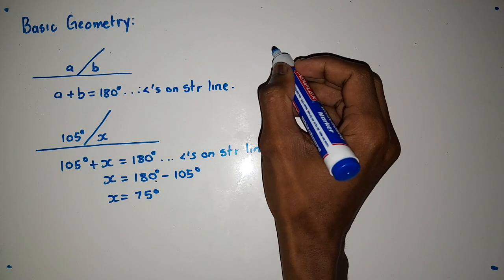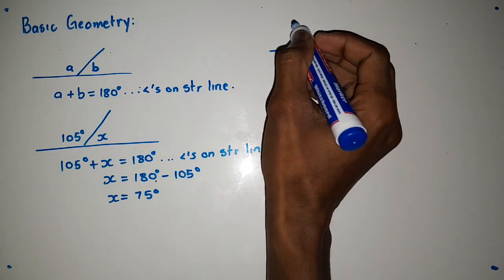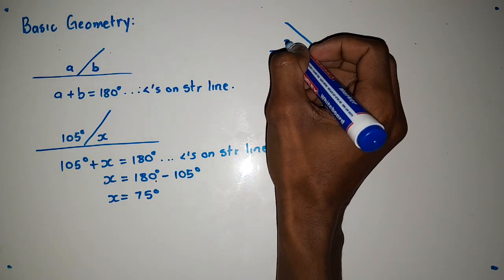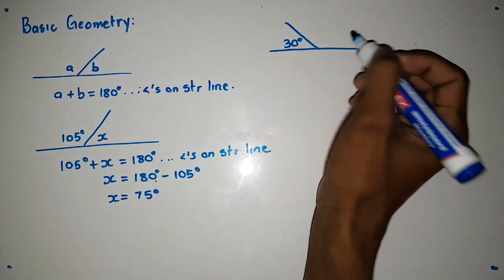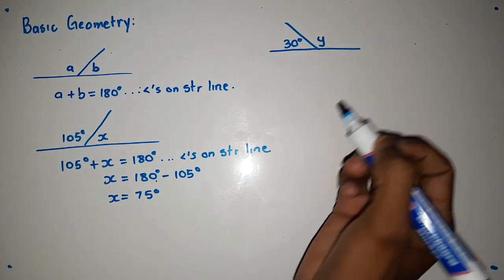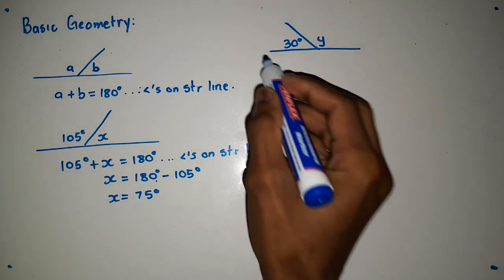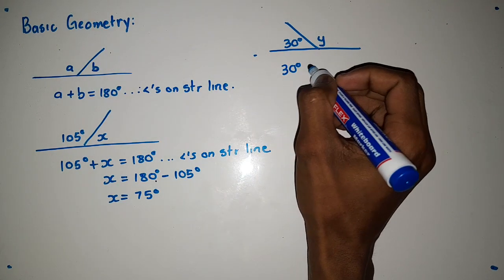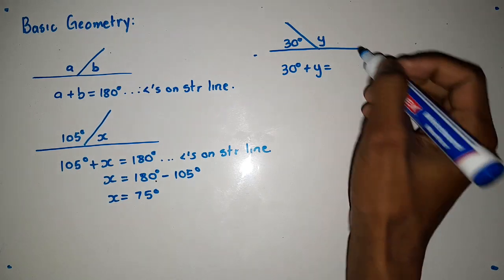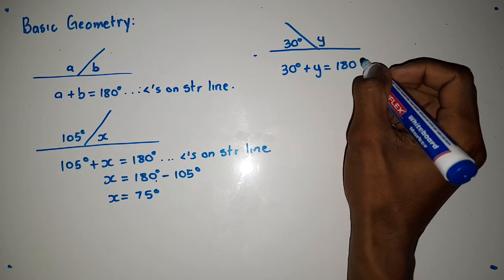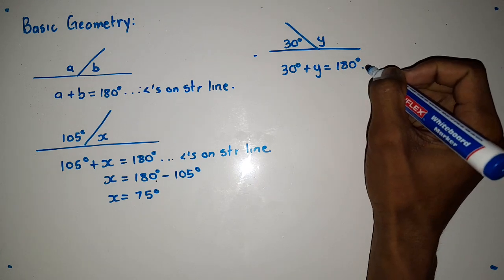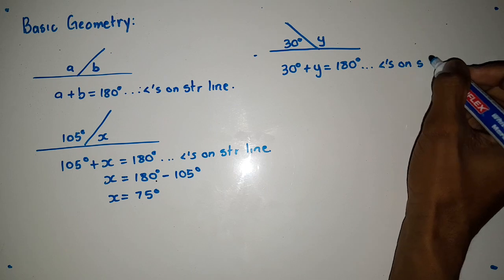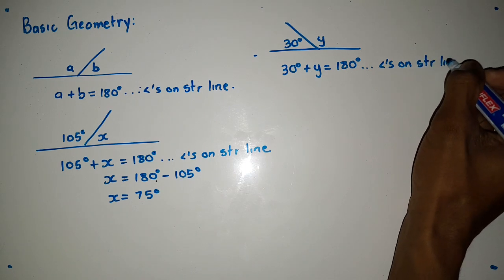Or let's say you have a situation like this. Somewhere here it's 30 degrees, then we have y. We still have a straight line. You take 30 degrees plus y and equate to 180 degrees. Then your reason is going to be angles on a straight line.